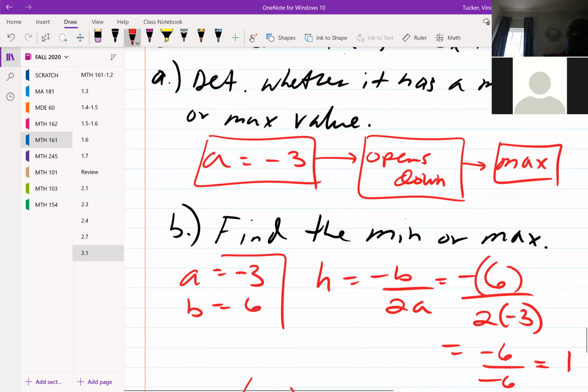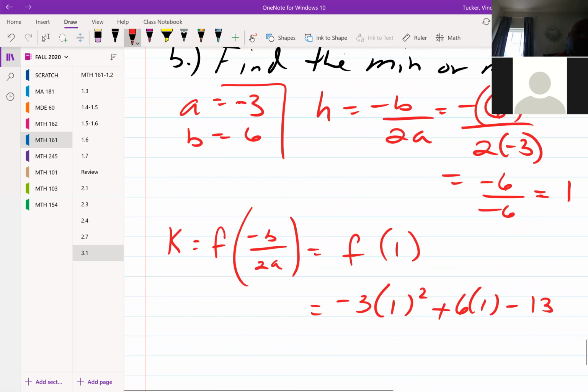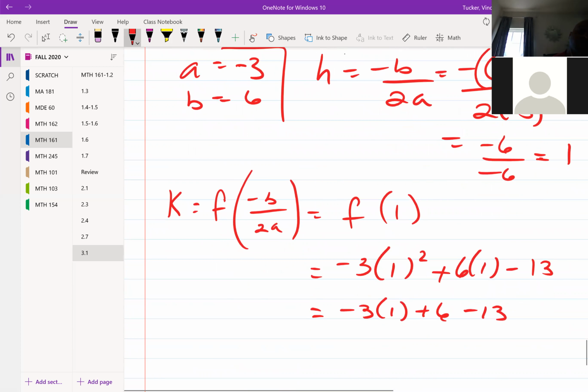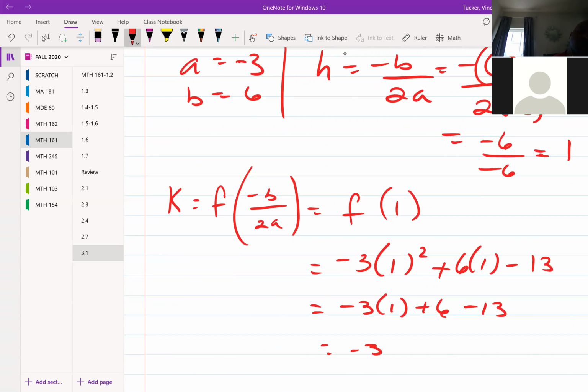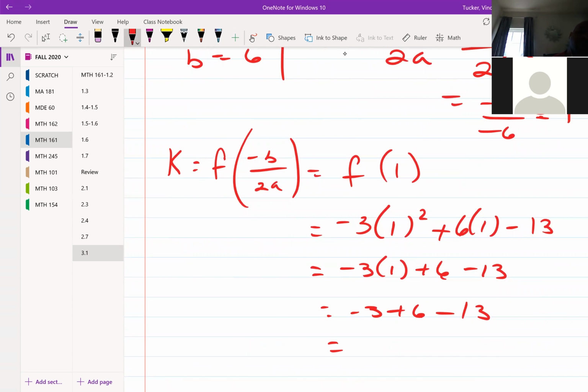Was it minus 13, right? Yep. Negative 3 times 1 plus 6 minus 13. So that should be negative 10. So the coordinates of the vertex is (1, -10).